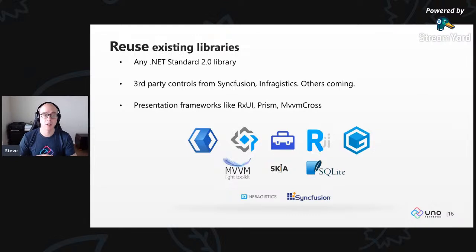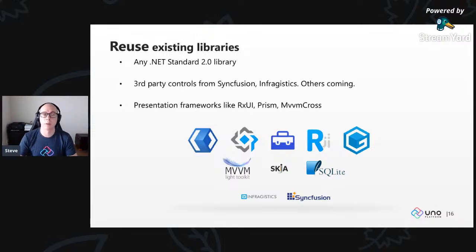Syncfusion and Infragistics are very large component vendors that have a large suite of very complex and useful UI controls. Those are supported with Uno, and we'll see an example of that in a second, no problem.